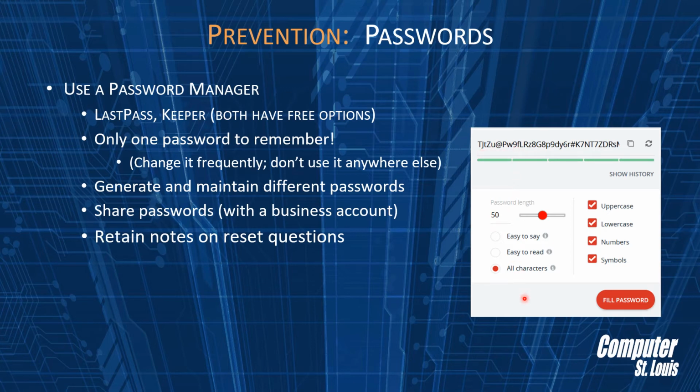And the nice thing about LastPass and Keeper, they also will differentiate the various character types by color. So if you have to look it up on your phone and enter it manually somewhere, you will know right away the difference between, for instance, a number 0 and an uppercase O.